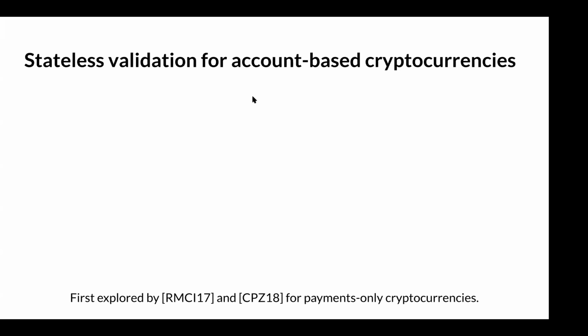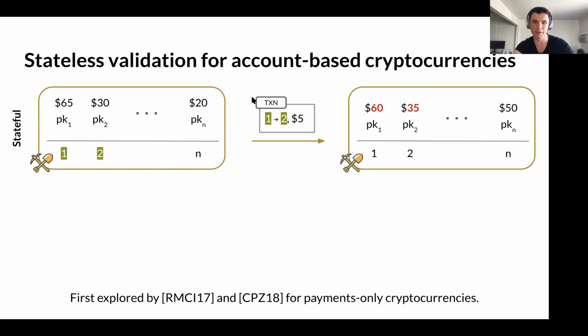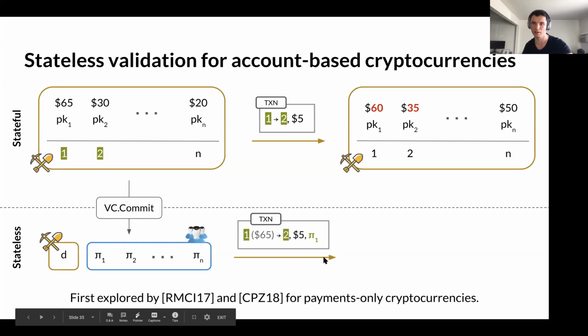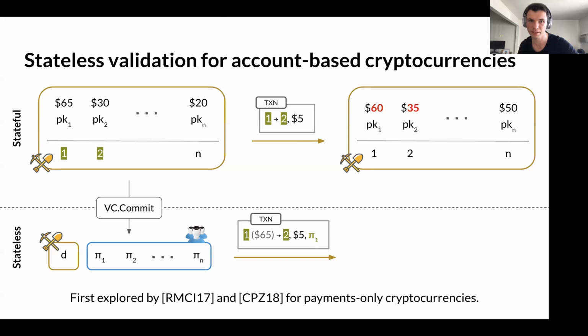Yeah, so with stateless validation for smart contracts, I think you're talking about, right? Well, or just in general, because with payments, in the transaction you only need to include this balance and this proof compared to a normal transaction. But with smart contracts, when you do a stateless transaction, you have to include all of the memory locations being read by the smart contract execution, and you have to put a proof for those reads. Am I misunderstanding your question?